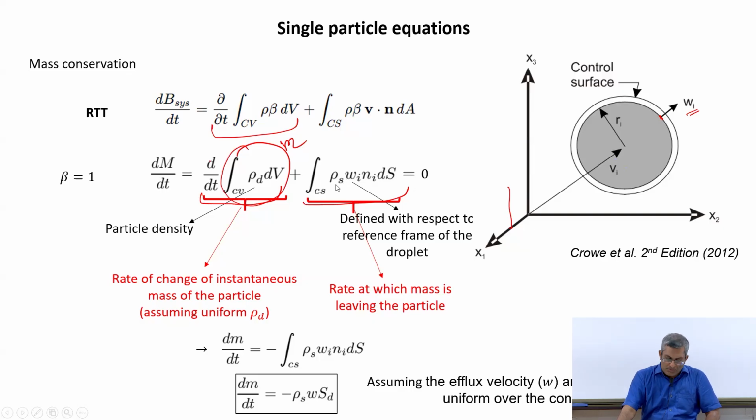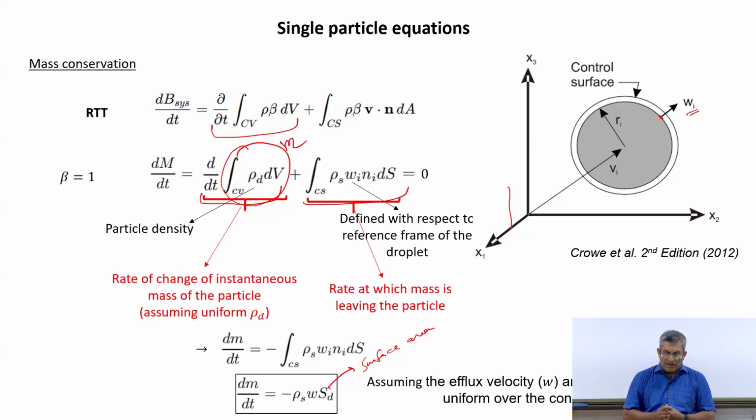So, if we assume that this fluid density at the interface as well as this efflux velocity are the same throughout, then they are constant terms. So, we can take them out and simply integrate, and you get the surface area. This S_d is nothing but the surface area. Okay. And now you get the continuity equation for the particle.